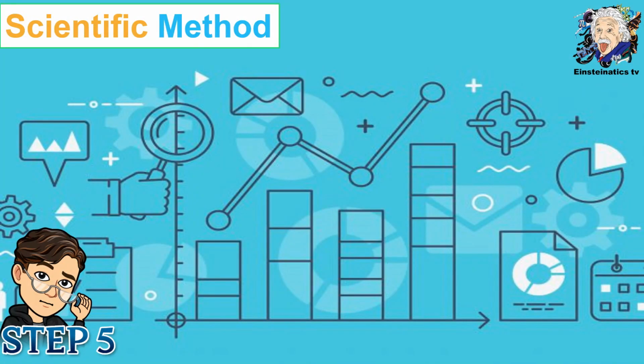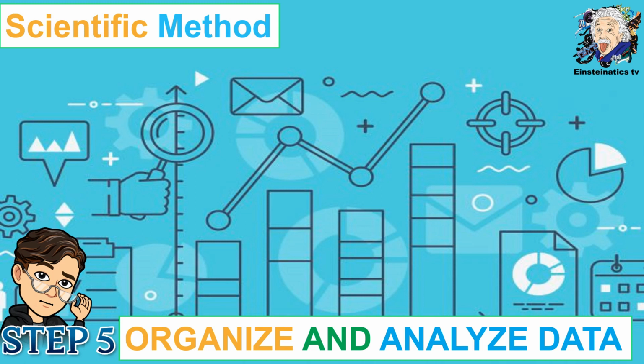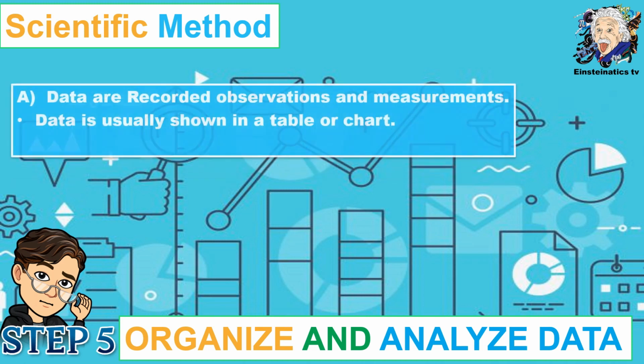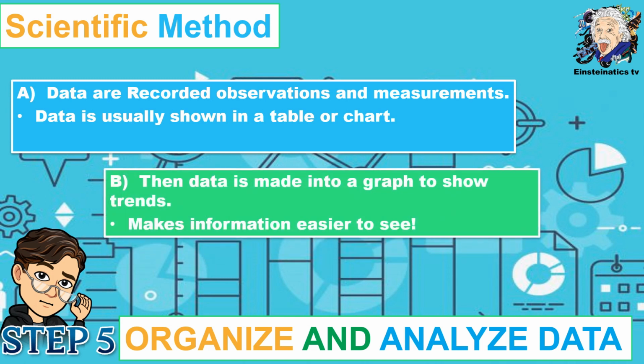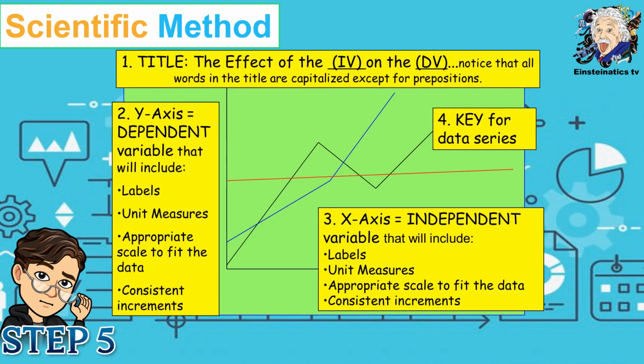After testing the hypothesis, it is now time to organize and analyze data. By the way, when we talk about data, these are recorded observations and measurements. The data collected during the experiment is usually shown in a table or chart. So why do we need to use charts? Of course, this makes information easier to see.